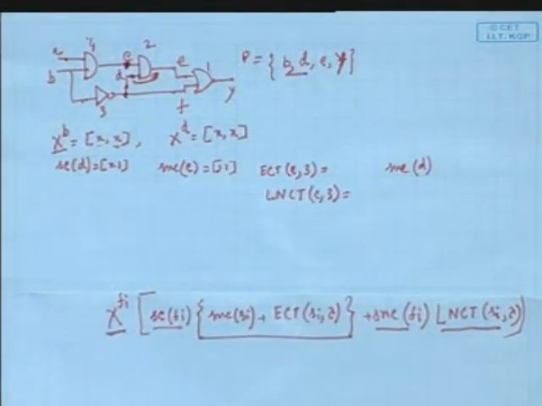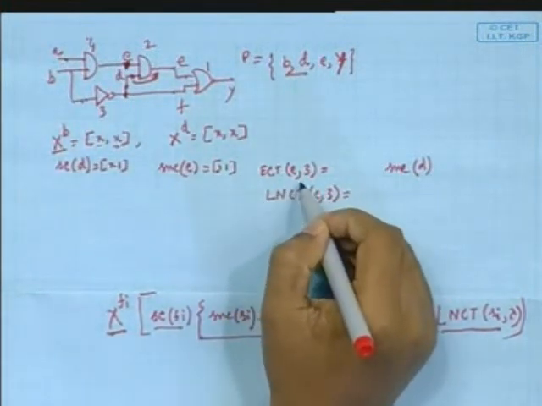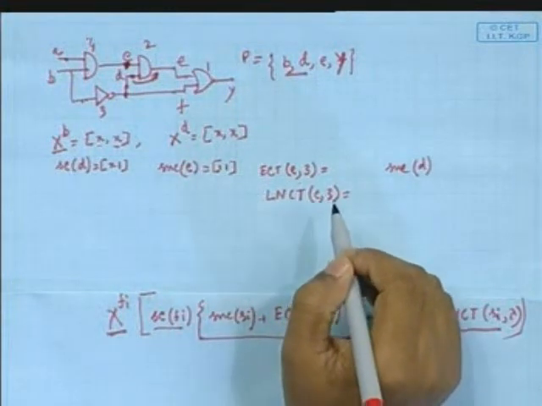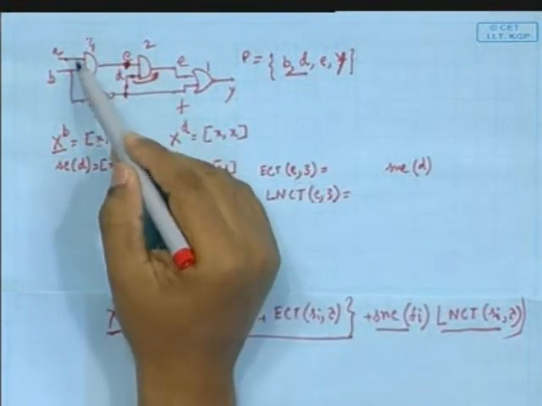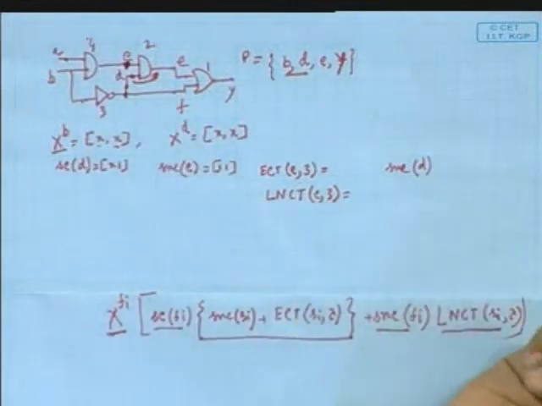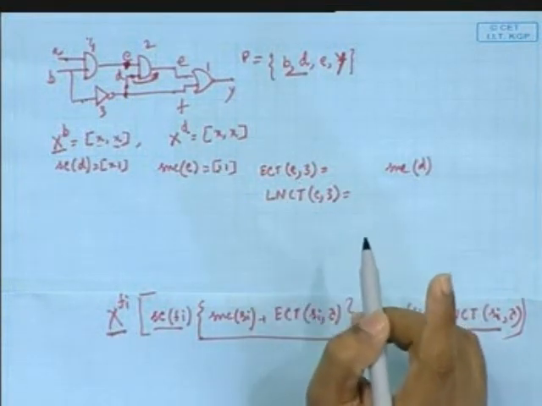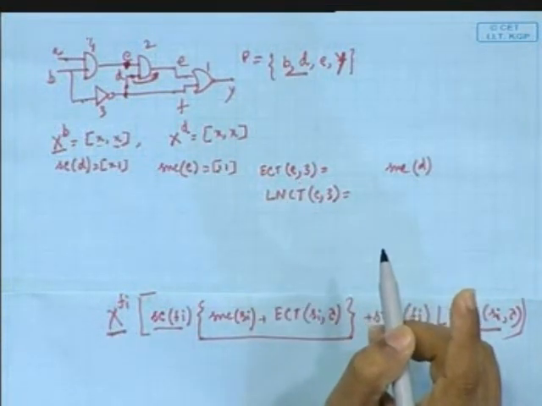Fine. The next one, earliest controlling for node C after t equal to 3, but the delay is 4 here. So all values mean it's controlling, so one of them has to be 0.